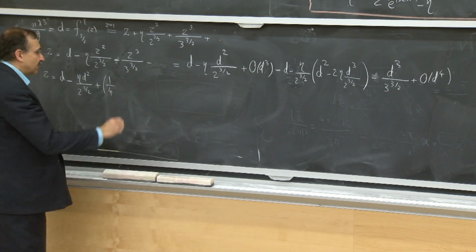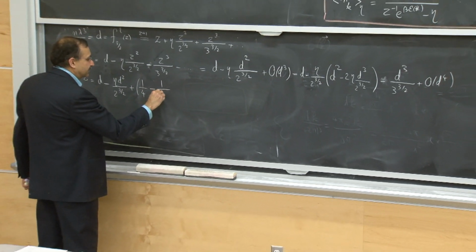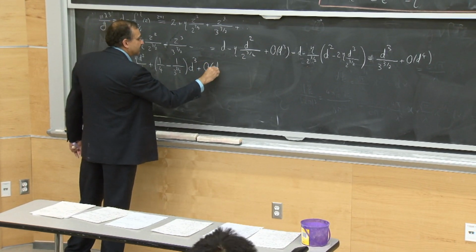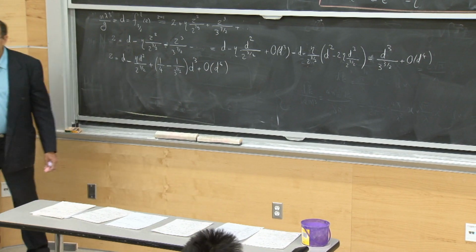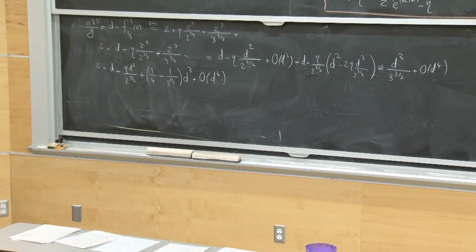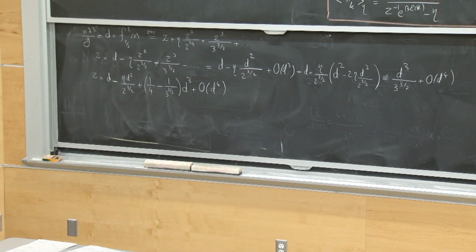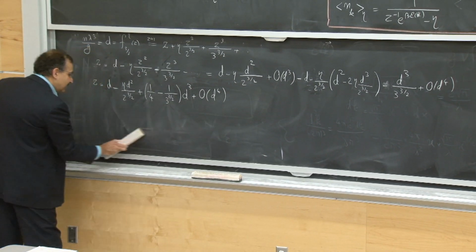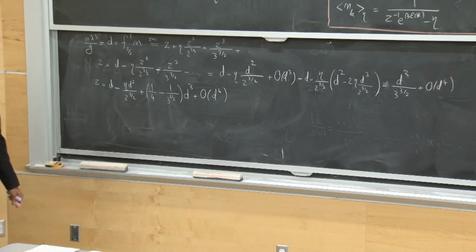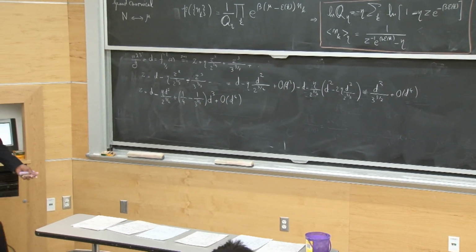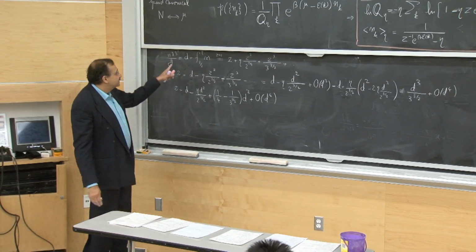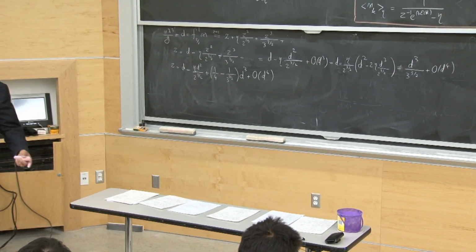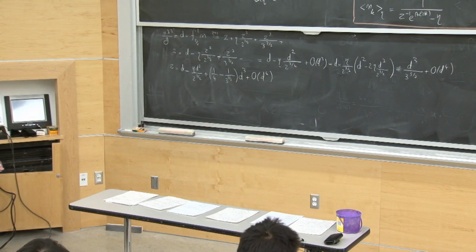And from the other part, I have 1 over 3 to the 3 halves d cubed, and I haven't calculated things at order of d to the 4th. Fine. So we have calculated in a power series that we can go to whatever order we like, this z, which is related to chemical potential, as a function of this degeneracy that is simply related to density.